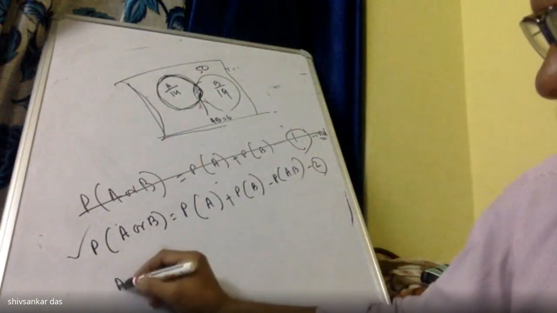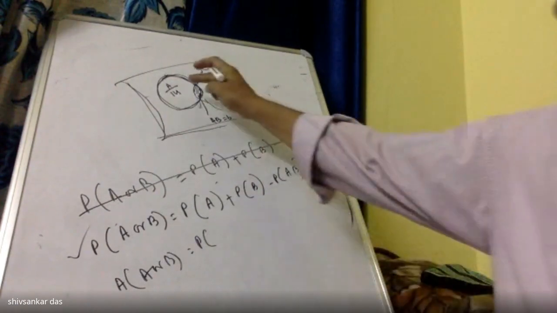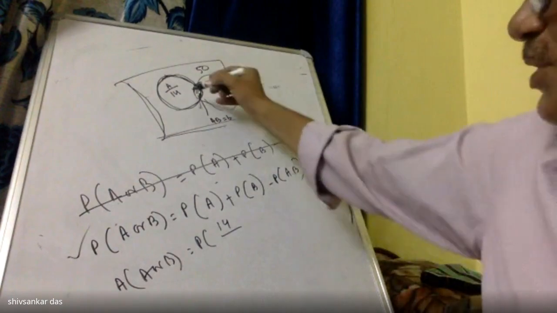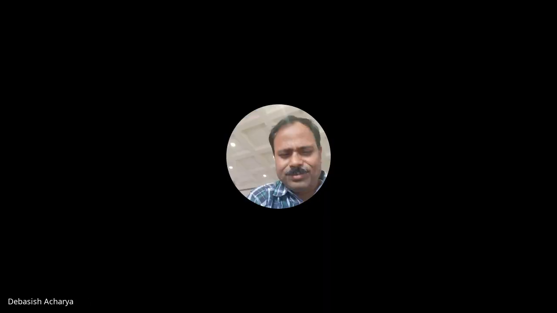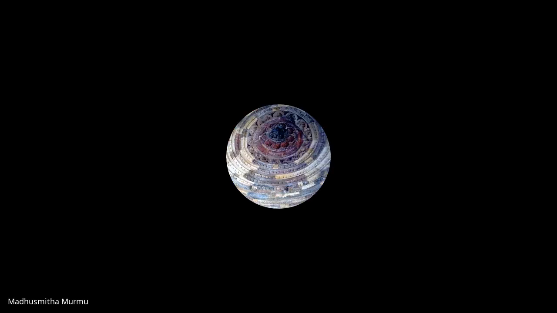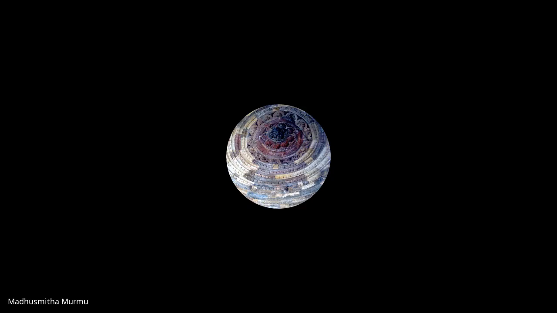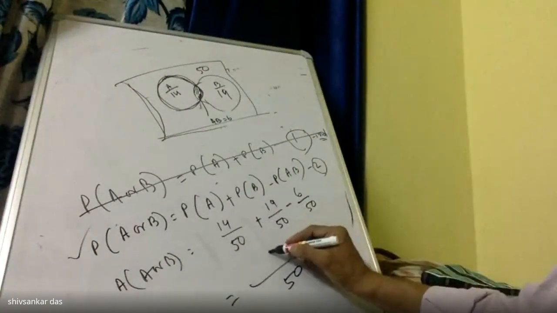So, probability of A or B is equal to probability of A, 14 by 50, plus probability of B, 19 by 50, minus 6 by 50. 14 plus 19 is 33, minus 6 is 27.